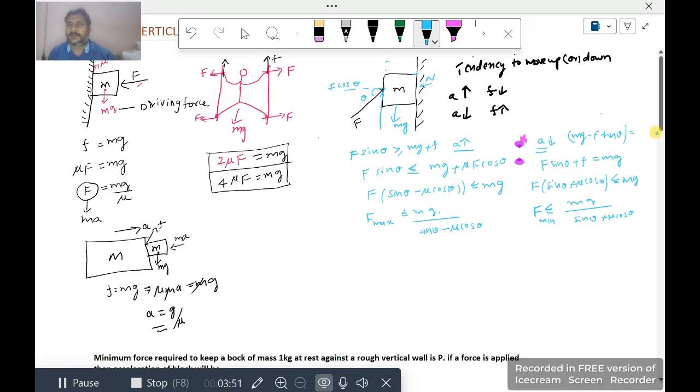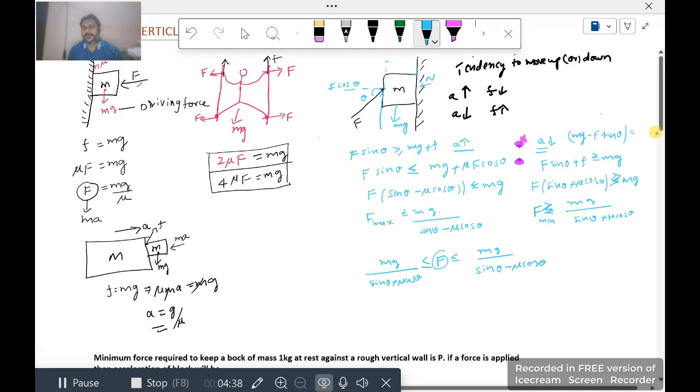So now the force which is applied on the block at angle theta lies between these. The force is less than or equal to mg by sin theta minus mu cos theta, and it is greater than or equal to mg by sin theta plus mu cos theta.